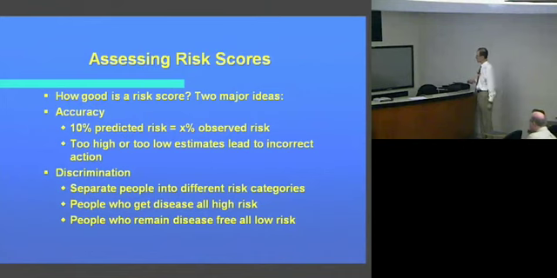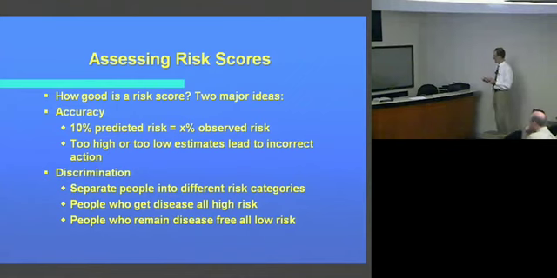And so how good is the risk score? We know that there are these two concepts, and I learned this from Kerry and Frank back when I was a fellow here. That we need to think about separately the idea of accuracy, saying that if we have a 10% risk, predicted risk, we want the risk to be 10% in the real population, because if it's too high or too low, we'll make the wrong decisions, especially about interventions to prevent things.